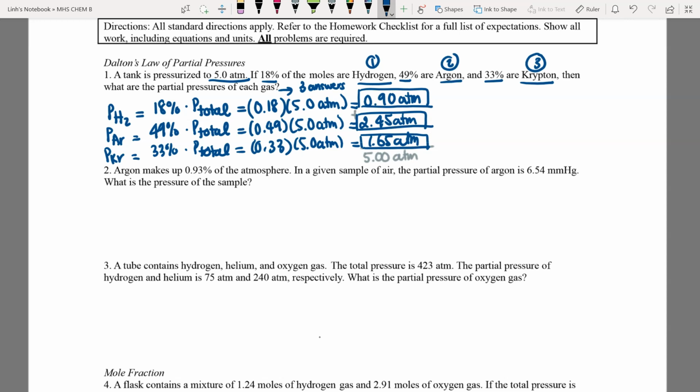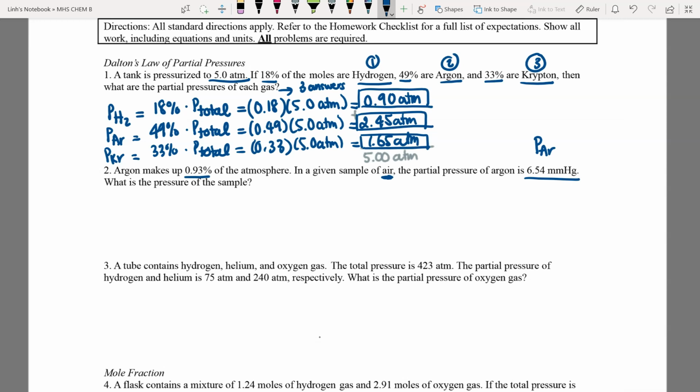All right, let's go ahead and do number 2. For number 2, here I have argon makes up 0.93% of the atmosphere. In a given sample of air, aka the atmosphere, because the atmosphere has air in it, the partial pressure of argon is 6.54 millimeters of mercury. So I'm going to label it as the partial pressure of argon.